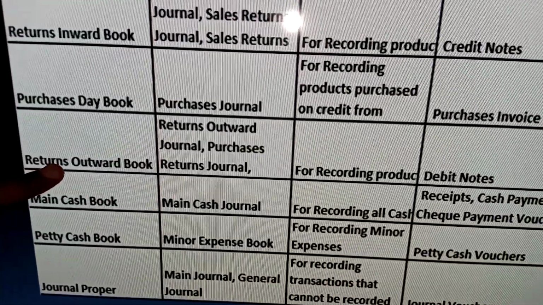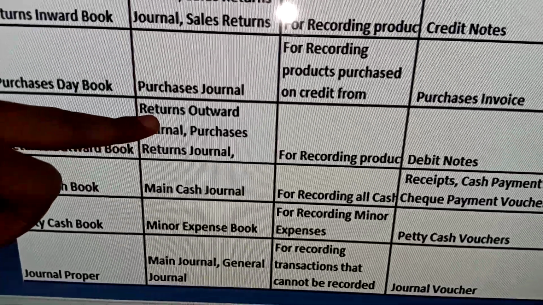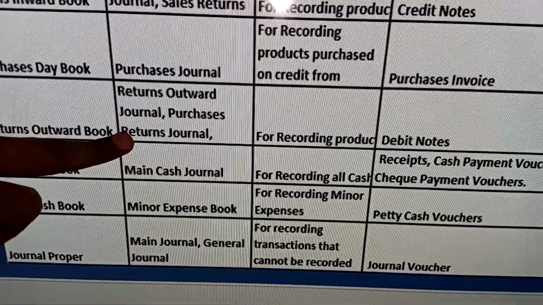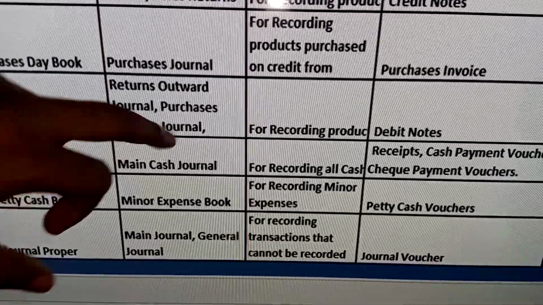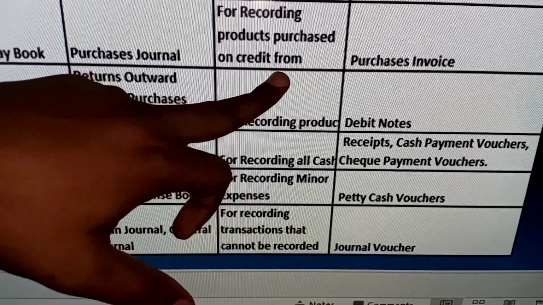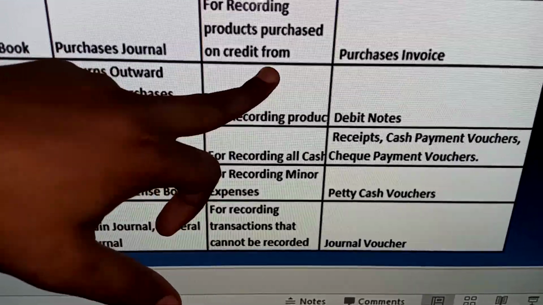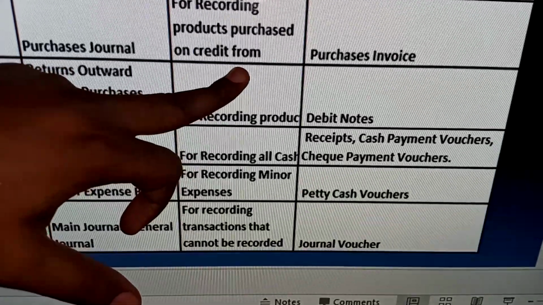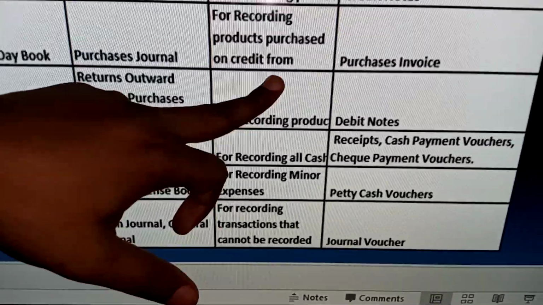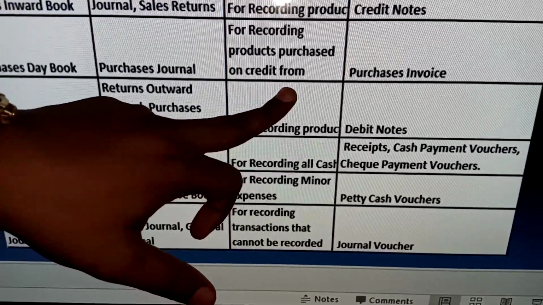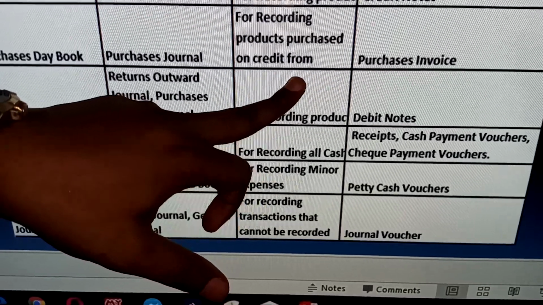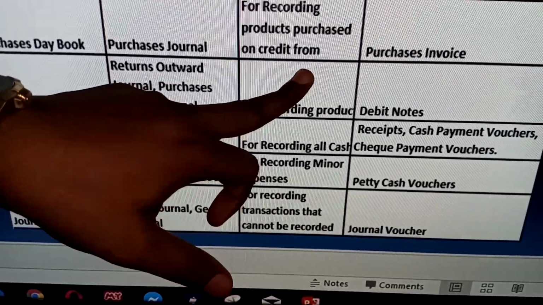The next one here is returns outward book. It's also called returns outward journal or purchase returns journal. It's for recording products returned out of purchases. So you purchased from a supplier, say 100,000 worth of product.